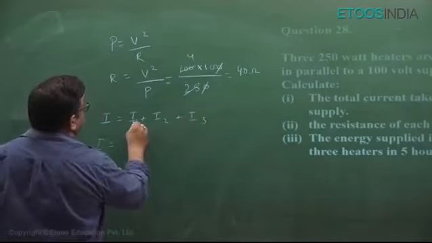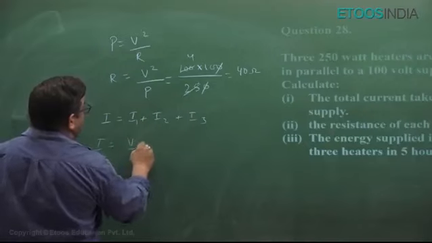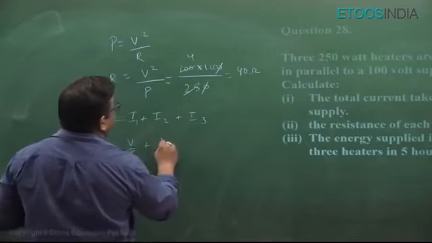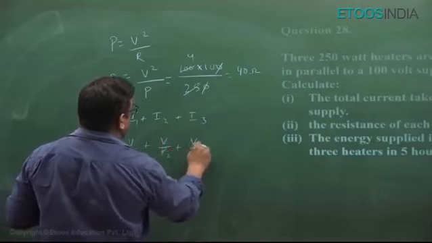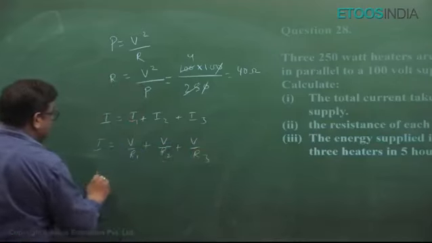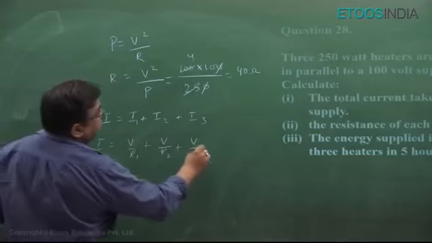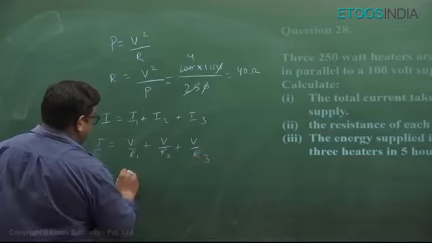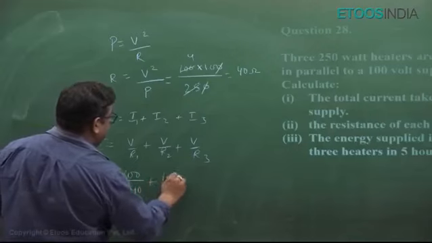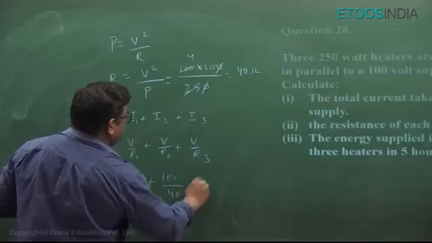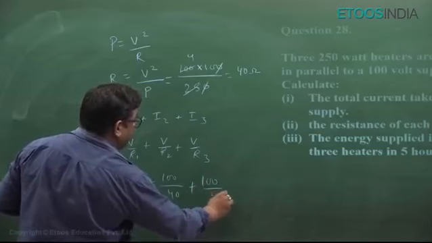I1 is V upon R1 plus V upon R2 plus V upon R3. So I will be equal to, what is V here? We know that it is 100 upon 40 plus 100 upon 40 plus 100 upon 40.